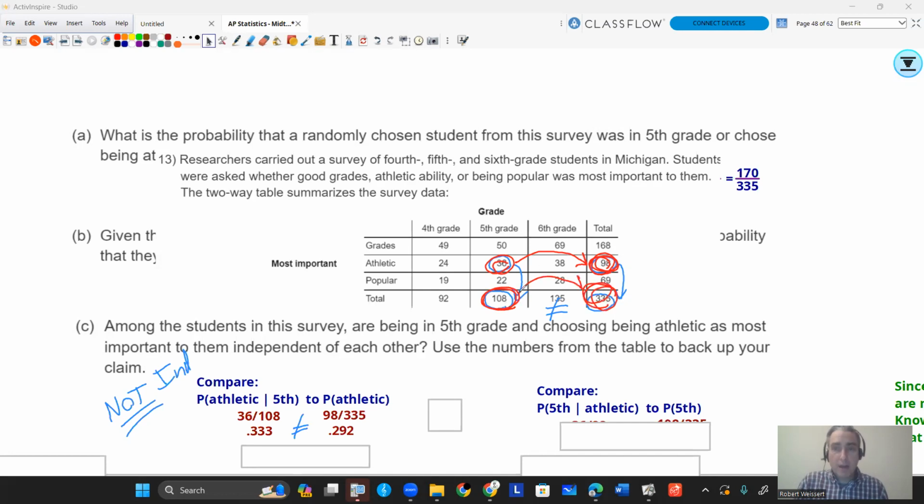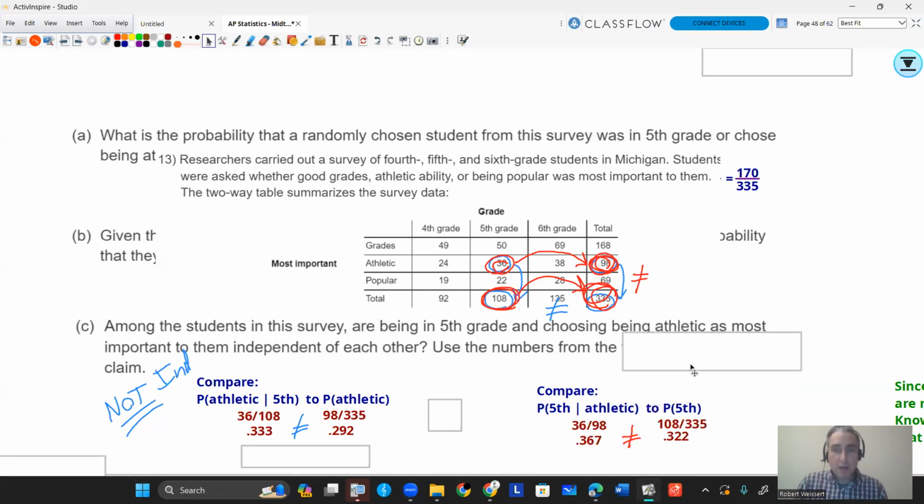So in either case, you're going in the same direction. And you could do that here. You could say is 36 out of 98 equal 108 out of 335, in which case they are different. They're different numbers than over here, but it doesn't matter which way you do it. Notice that they're not the same. So since they're not the same, they're not going to be independent of each other. Now, what do you write up as kind of a statement?